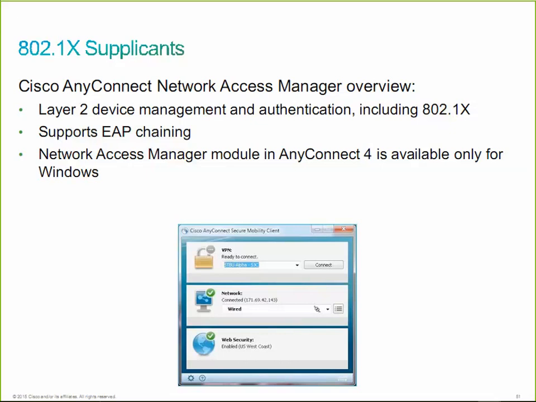other things, including 802.1X. The Network Access Manager, which is part of the AnyConnect client, supports PEAP, EAP-TLS, MS-CHAPv2, EAP-GTC, EAP-FAST, and then it supports EAP-TTLS, which is the tunneled TLS option.